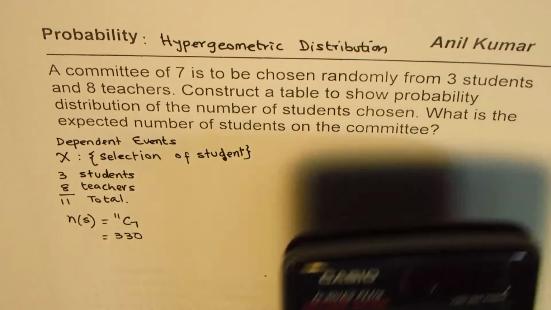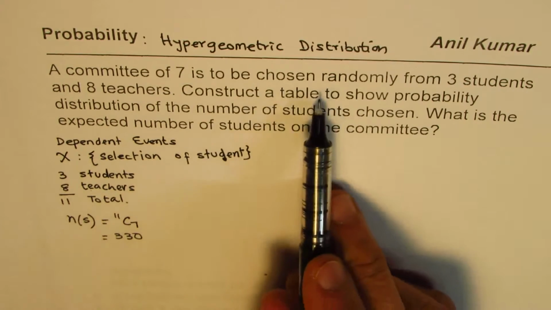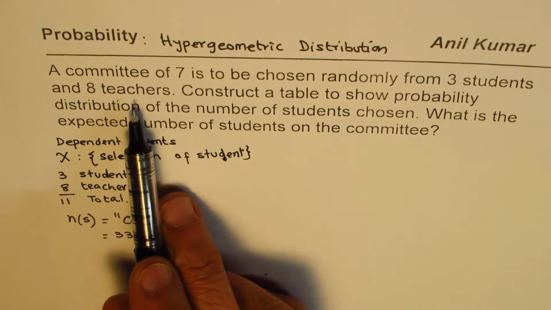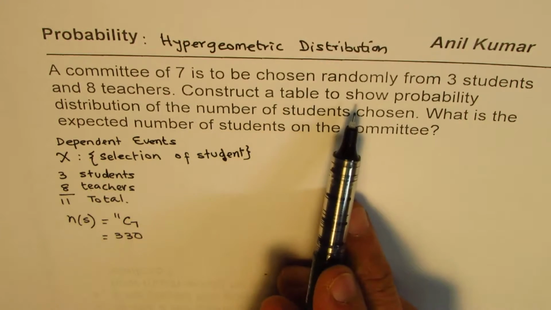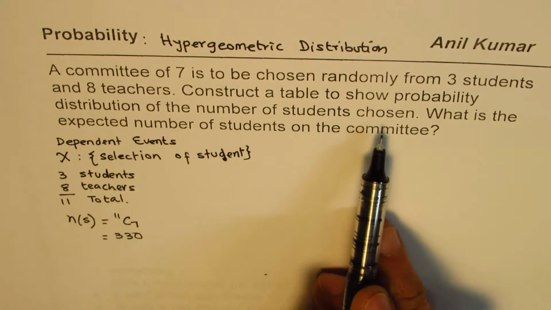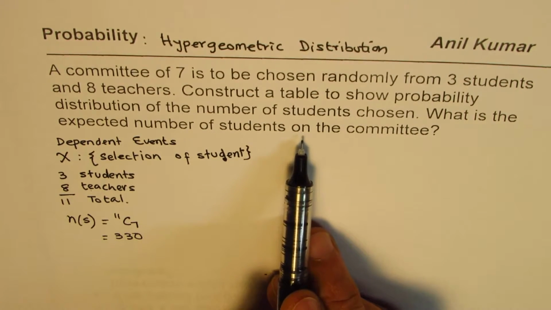Okay. Now, let's look into the question in greater detail. A committee of 7 is to be chosen randomly from 3 students and 8 teachers. Construct a table to show probability distribution of the number of students chosen. What is the expected number of students on the committee?